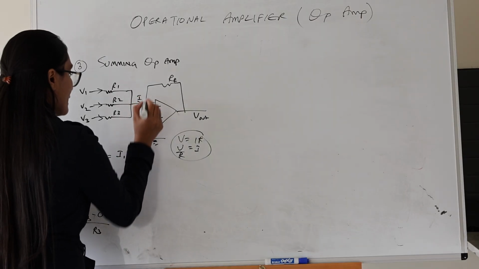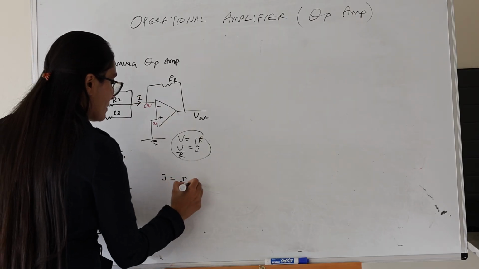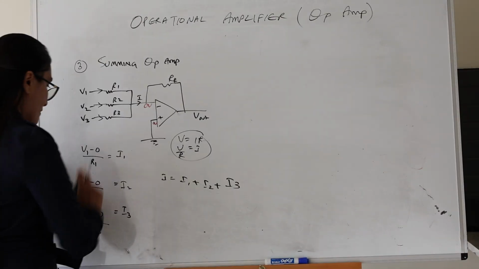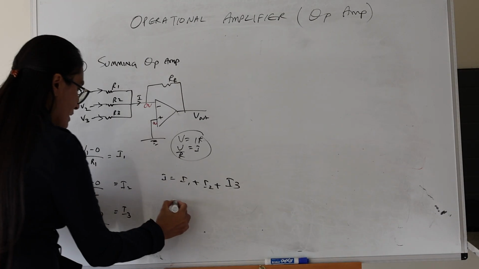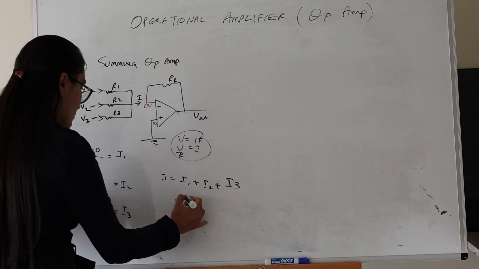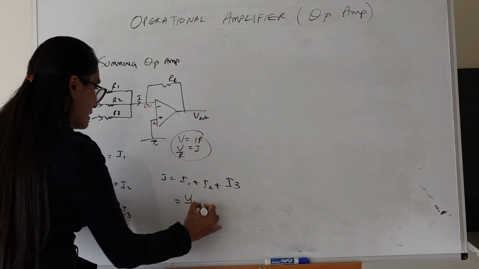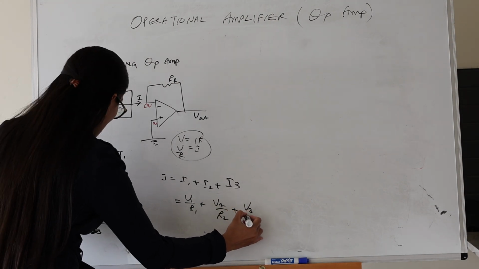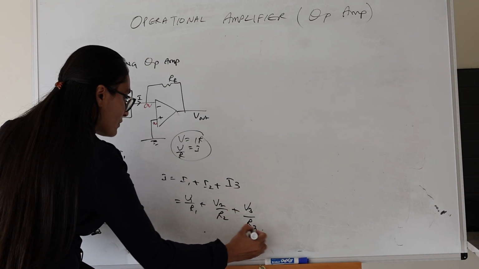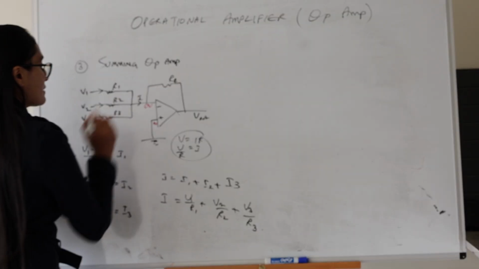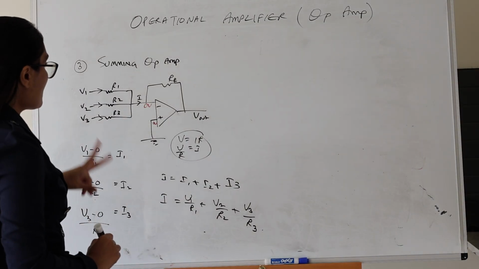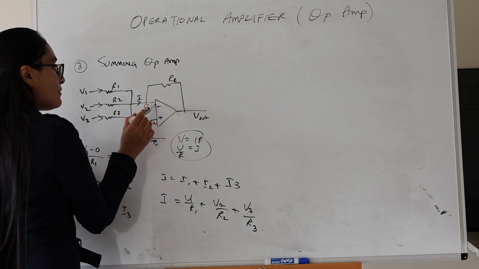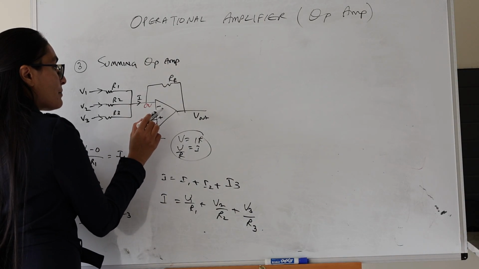So if this is I, then I is equal to I1 plus I2 plus I3, and we can just say that it's equal to V1 over R1 plus V2 over R2 plus V3 over R3. So that is the current. Now from the second rule for ideal op amp, we know that no current flows through the op amp.